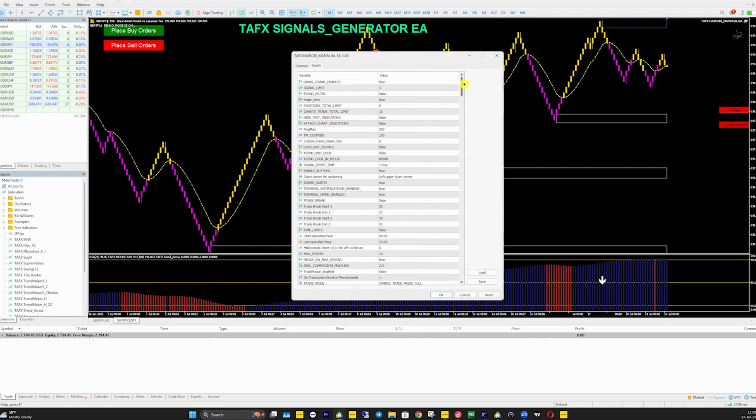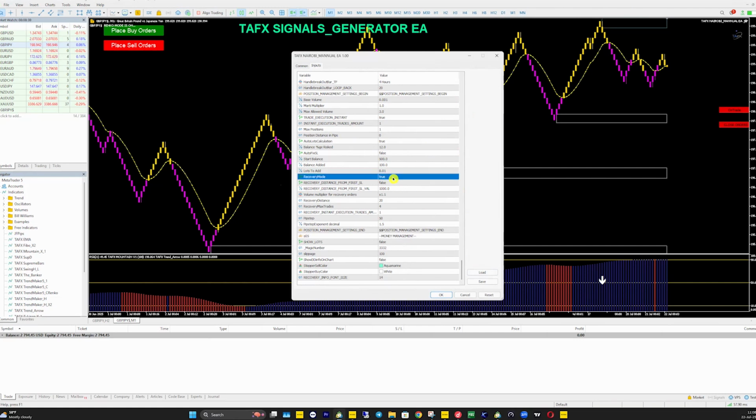So the recovery mode is the same in SMC Sniper and also in our RENKO system. This means it is applicable to all our systems. Now we are going to activate RENKO recovery mode 1 into true.